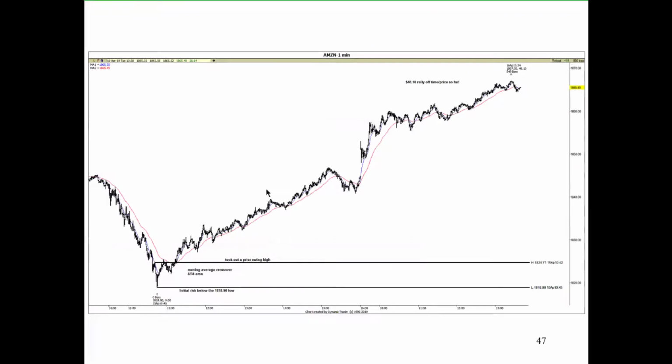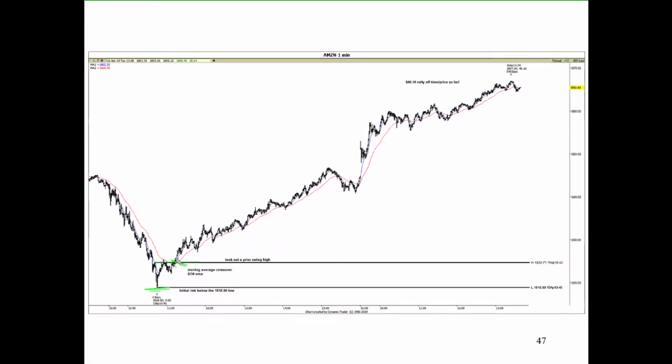Okay. For a lot of the day trade decisions, we just use 1-minute charts on stocks. Okay, I like to use the 377 tick on the S&P though, futures. But on Amazon, for example, this is where it tested that support. Here's where you had the moving average crossover, the 834 EMA, and then here's where you took out the prior swing high.